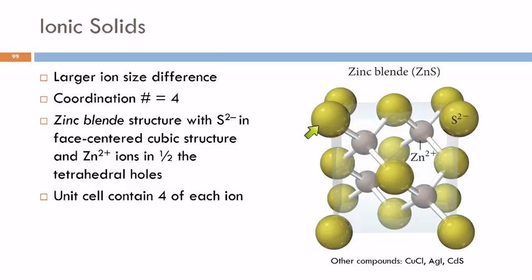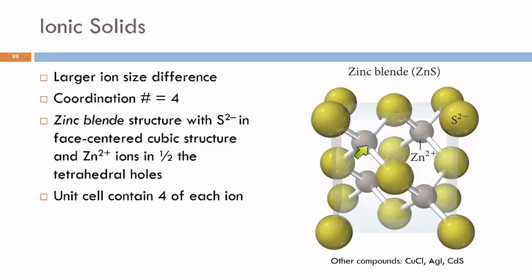So here we've got the sulfide ions, which are the big ones, in a face-centered cubic structure, and the zinc ions are filling in half of the tetrahedral holes. I'll show you what a tetrahedral hole is in a minute. But again, each has 4 of each ion. So charge neutrality dictates that we've got 4 zinc ions for 4 sulfide ions.